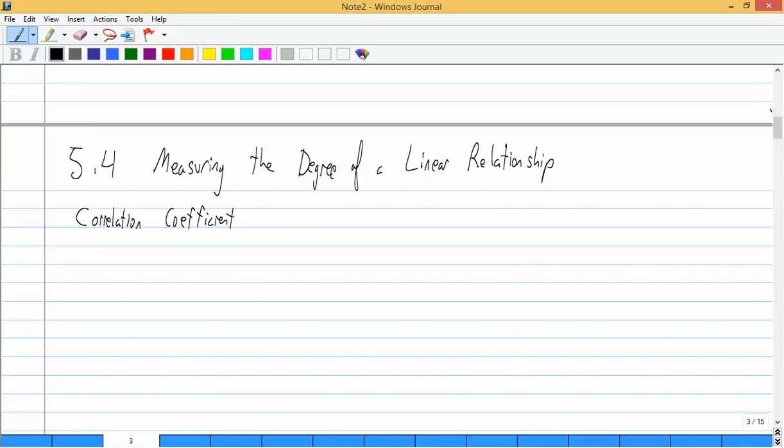The correlation coefficient is an index number used to summarize the strength of a linear relationship.